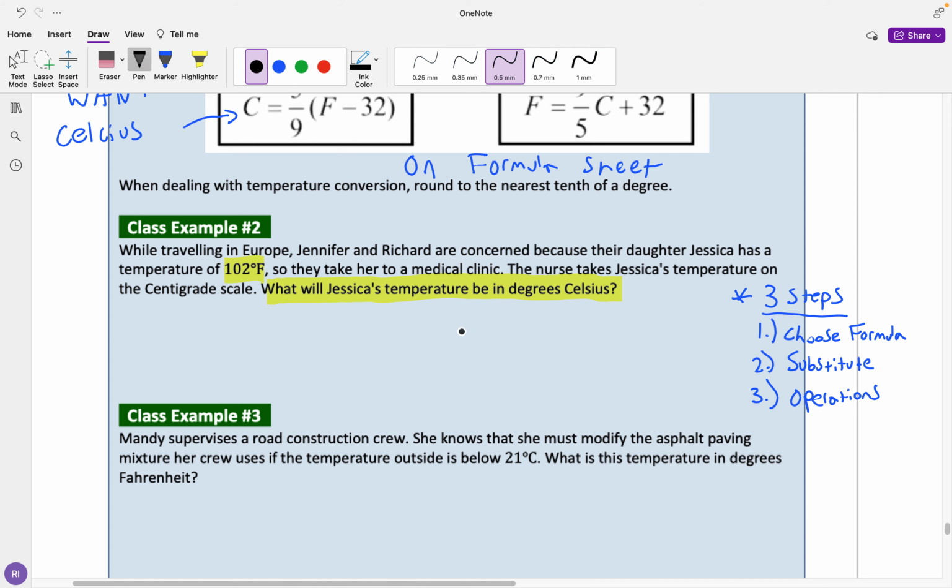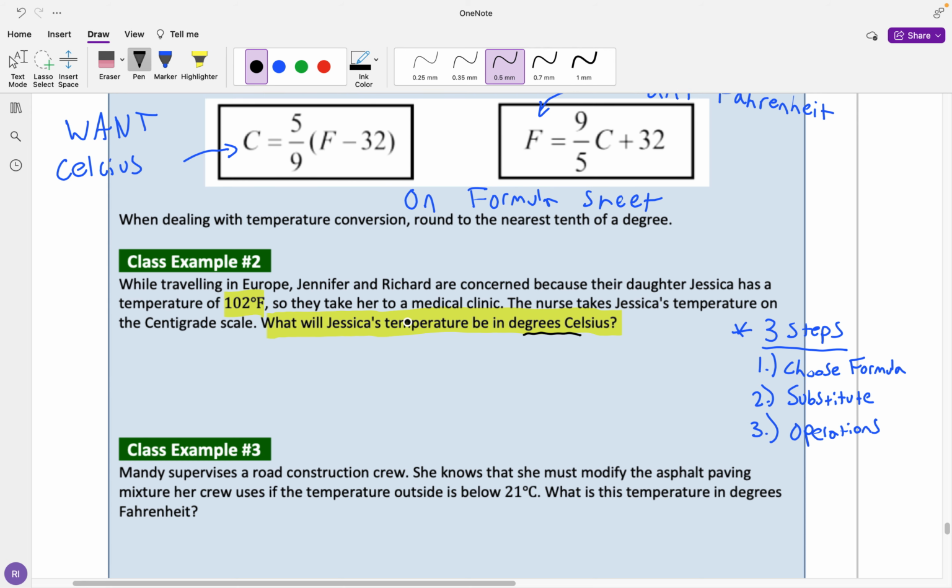So we already know now, what will it be in Celsius? I look up here, and we're going to choose that one on the left. So we write that down.